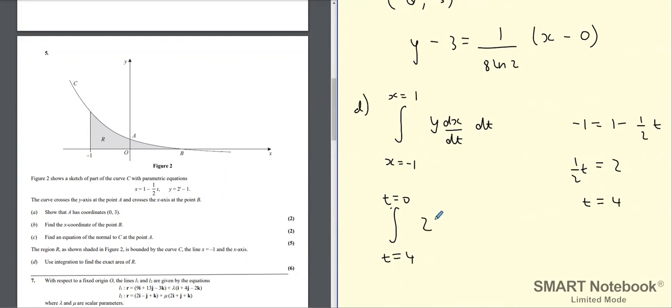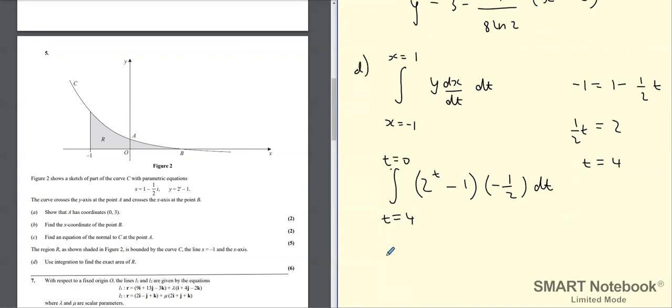So we've got t equals 4. Now y is 2 to the power t minus 1. dx by dt is minus a half. And then we've got dt here. Now what we notice here is the limits are the wrong way around.